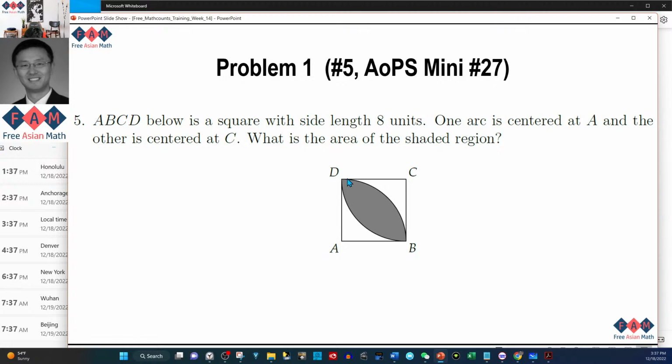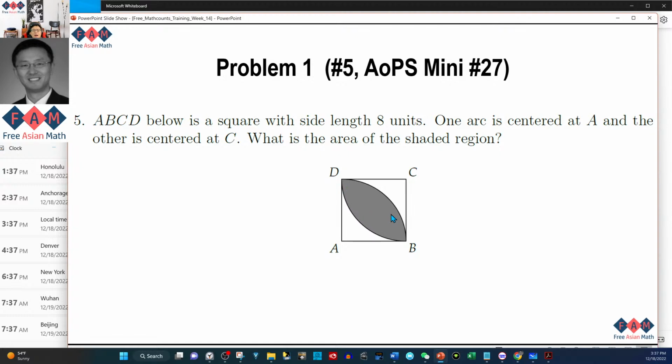So if you draw that circle, you will get a circle, but we are only getting 1/4 of that circle. Similarly, if you choose C as the center, you get another circle, but also just 1/4 of that circle. So you get the other arc DB, which is this lower one.